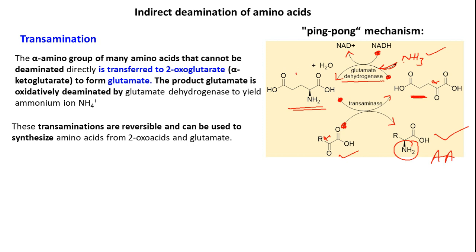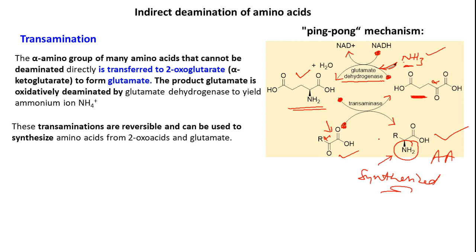The amino group from glutamic acid can now be transferred onto an alpha keto carboxylic acid, so that the corresponding amino acids can be synthesized. So glutamic acid will become alpha ketoglutarate, which will receive ammonia, and then glutamic acid is going to be resynthesized.